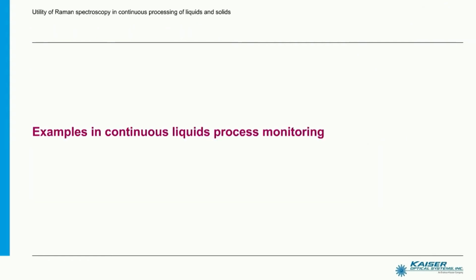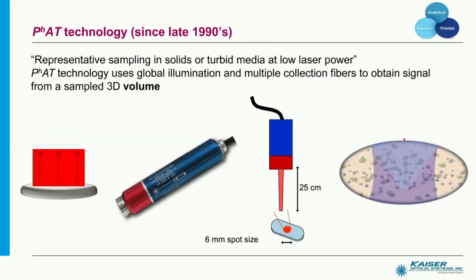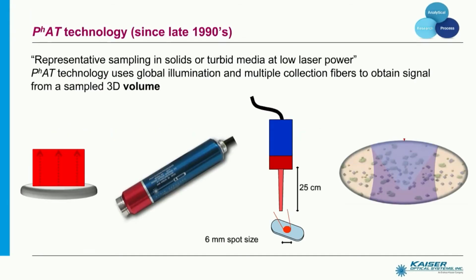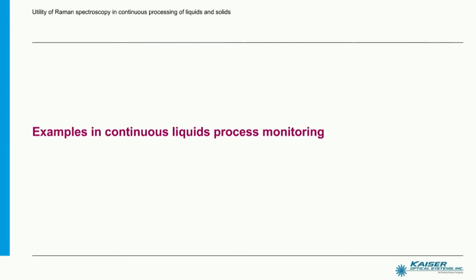The next is a picture of what the probe looks like, and the next picture is that it provides a 6 millimeter spot size at a 25 centimeter offset. And finally, this oval shape shows the differences of sampling volume that can be achieved using backscattered, which shows up really small on the surface here, versus this larger cone shape that can be achieved using the technology.